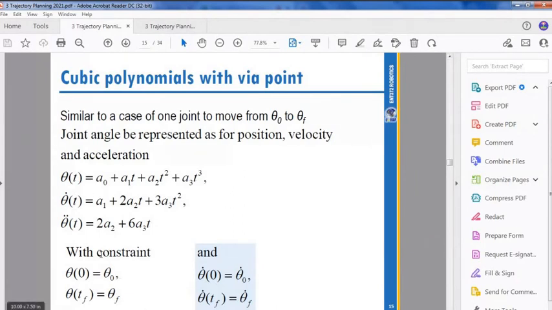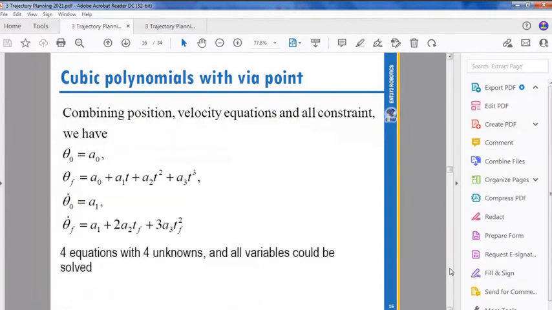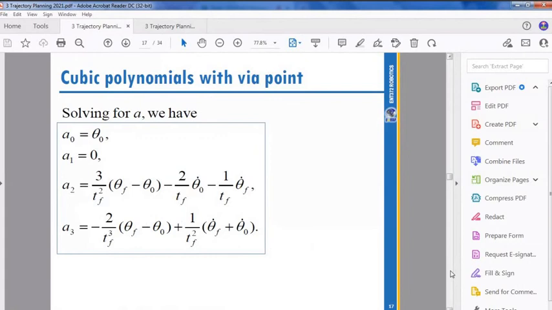With via point is similar, only that you need to calculate twice, because your robot must move from initial to via to final. So that means you need to calculate twice. This is the equation that you need to use for trajectory with via point. This one is similar.